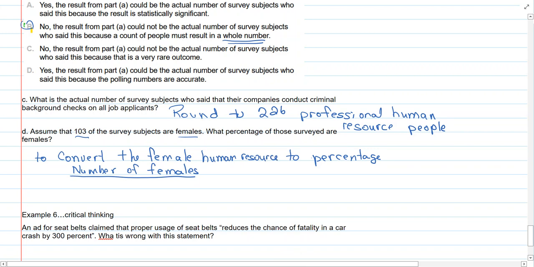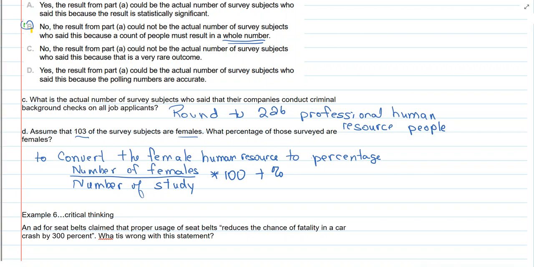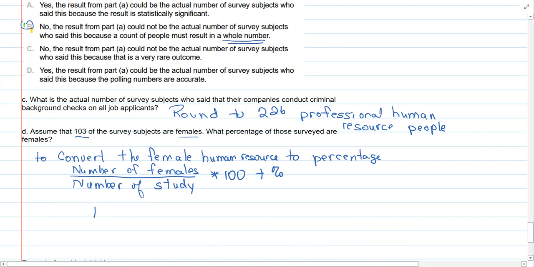Percentage equals number of females over number in the study, times 100 plus the percent. All right, so let's do this math. So we have 103 out of the 481 professionals times 100 and add the percent.